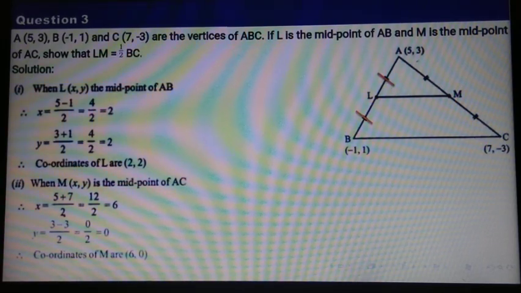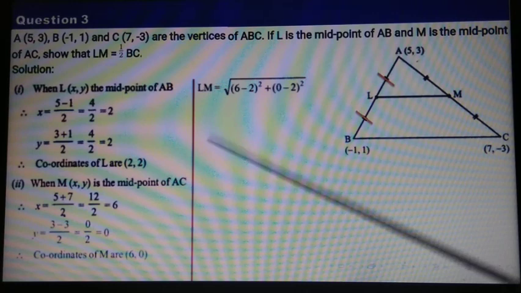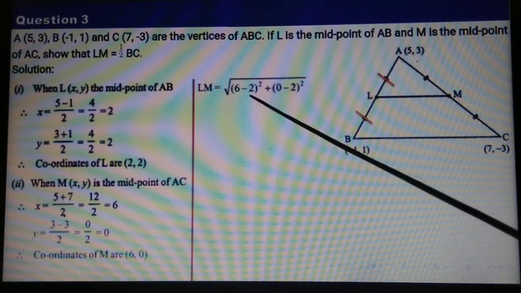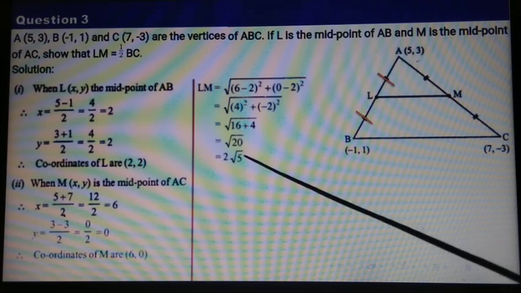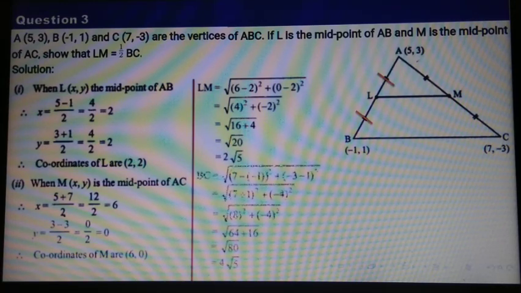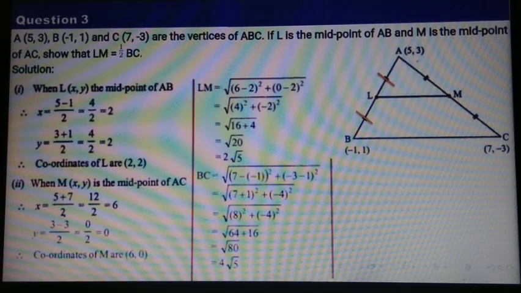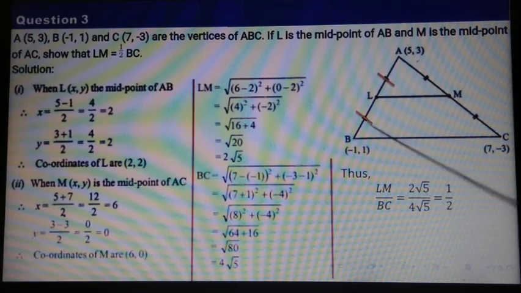Now let's find LM and BC. We have LM, using the distance formula, which you are already familiar with, turns out to be 2 root 5, fine. Similarly your BC will be equal to 4 root 5. Now let us find LM by BC. LM is equal to 2 root 5, and BC is equal to 4 root 5.